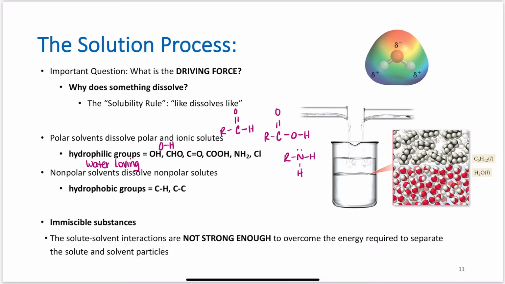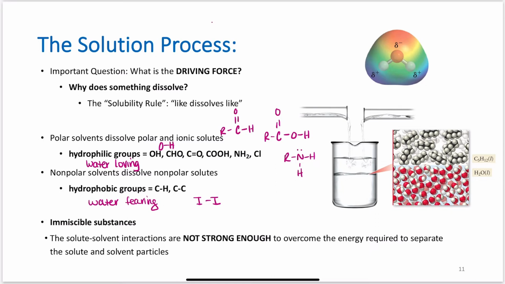Nonpolar solvents dissolve nonpolar solutes. These are hydrophobic, or water-fearing. So carbon-hydrogen, those are nonpolar. Carbon-carbon bond, nonpolar. Iodine-iodine, nonpolar. If I have a nonpolar species, realize there's no difference in electronegativity there, meaning it is nonpolar.